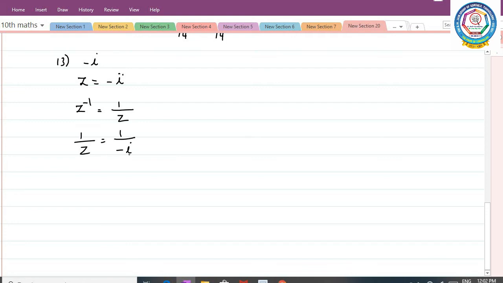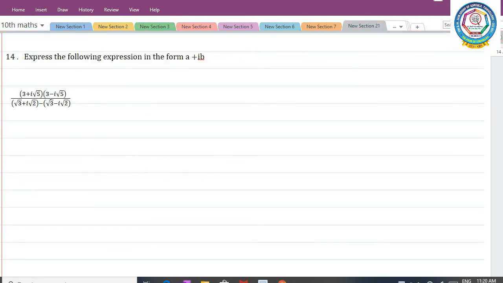So we have to rationalize the denominator. I am going to multiply the numerator and denominator by i. That is equal to 1 into i over minus i squared. i squared value is minus 1, minus of minus is plus 1. Therefore, that answer is i. So z inverse is equal to i.